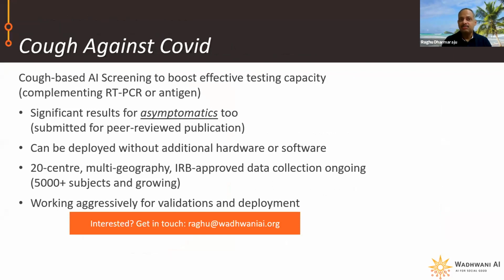We have great results even for asymptomatics, and we think it has potential to boost overall testing capacity, which we all know is a big challenge across all countries. We're currently in validations and figuring out deployments. If you are interested, do reach out to us. The big promise here is, again, you don't need any additional hardware or software, and just solicit a cough. Next.